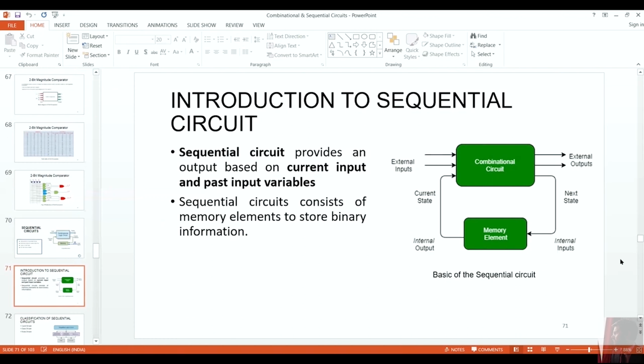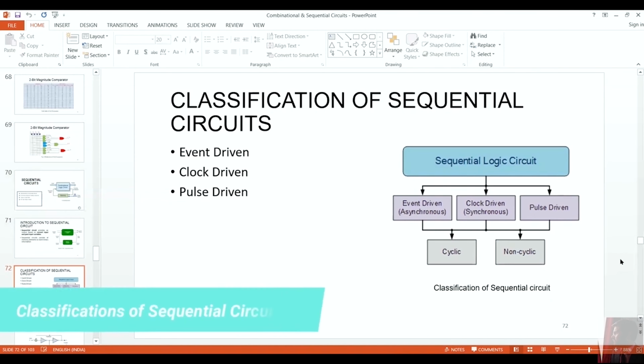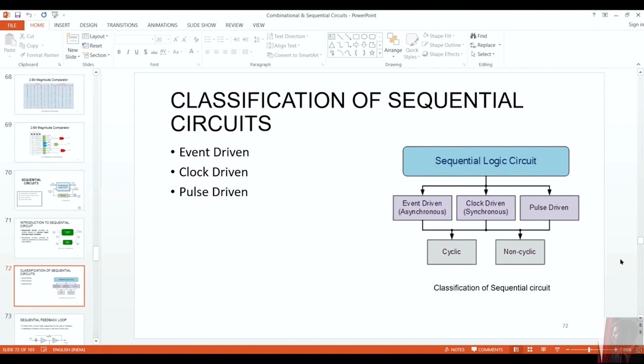You can check my previous video in which I discussed that when I talk about present value, I'm dealing with combinational circuit. But when I talk about past value of input, I'm dealing with sequential circuits. So sequential circuits provide an output based on both current and past, because a memory is attached.